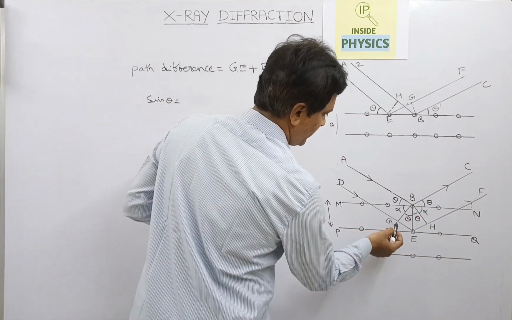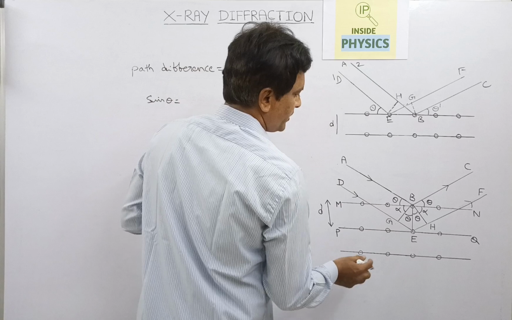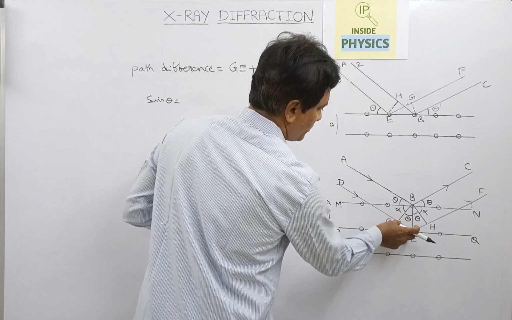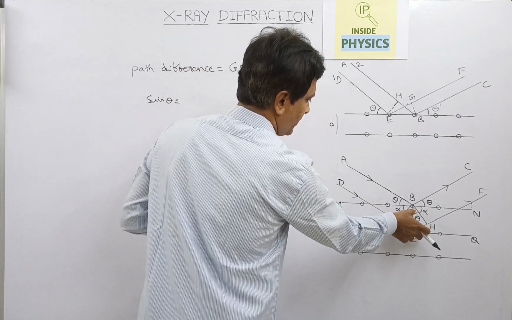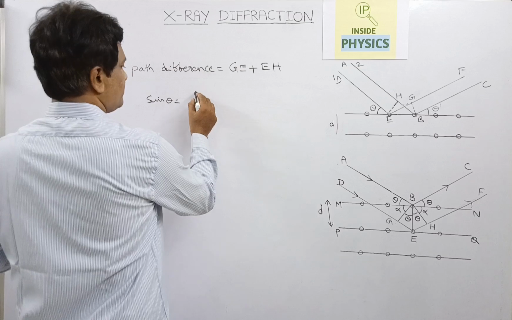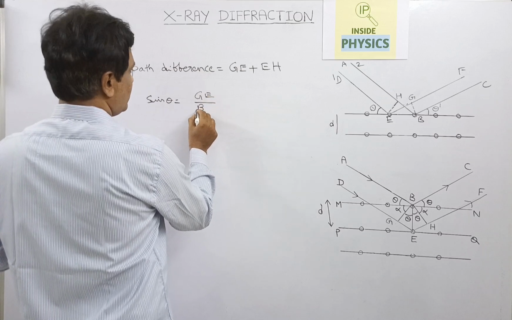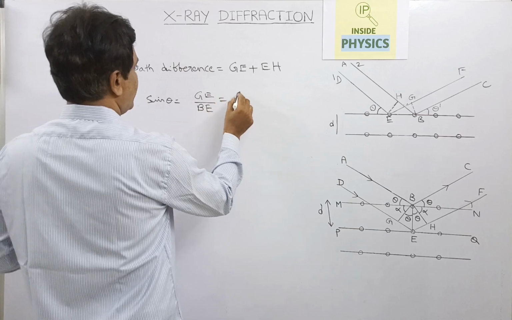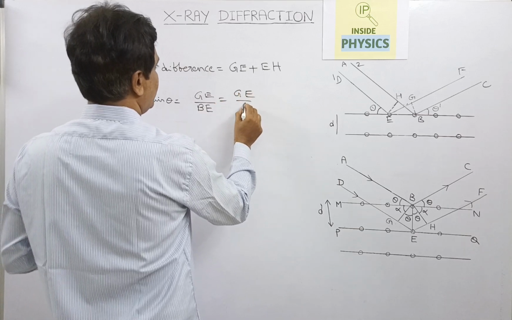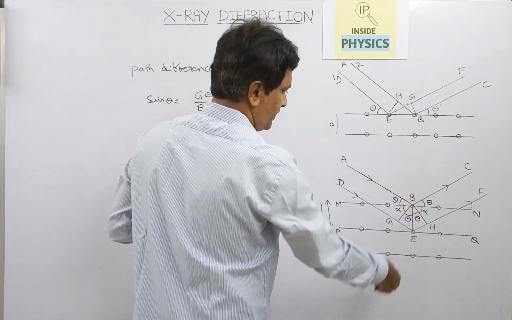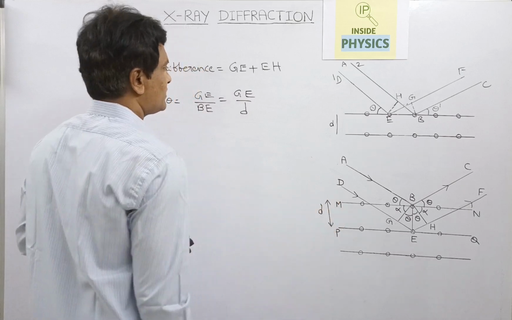From this triangle GBE we can take sine theta is equal to the opposite side GE by the hypotenuse BE. So we can write GE by d. BE is nothing but the interplanar distance d.